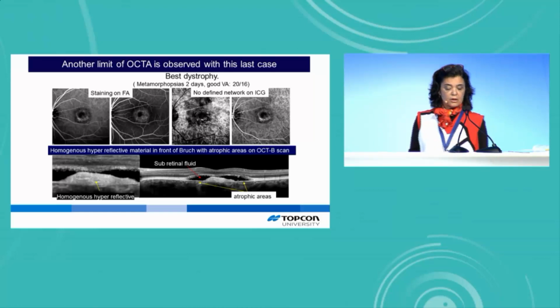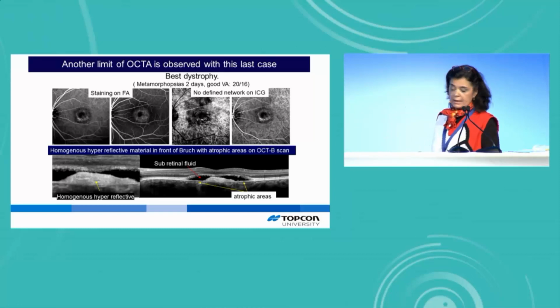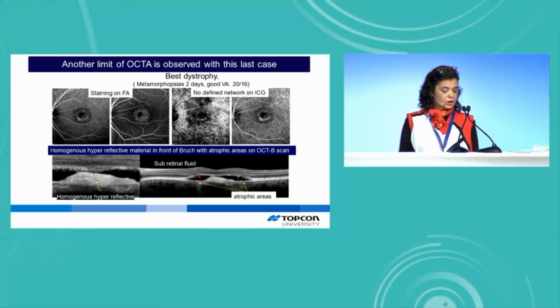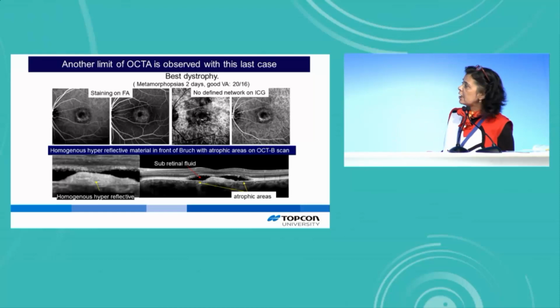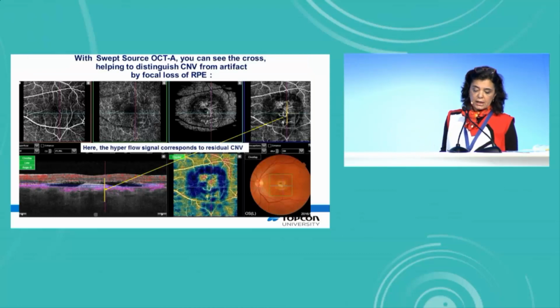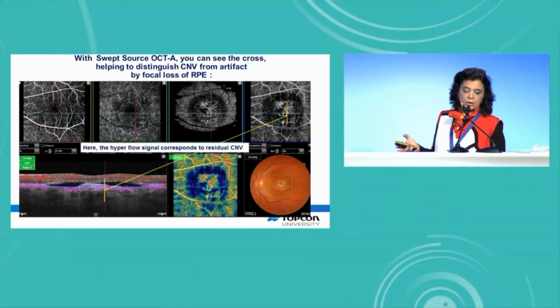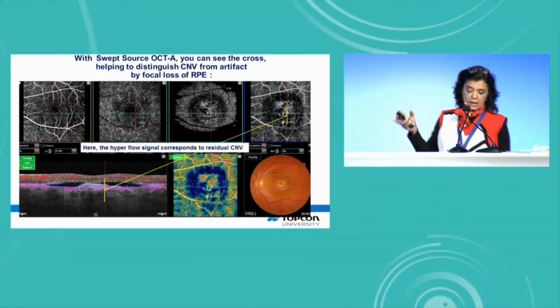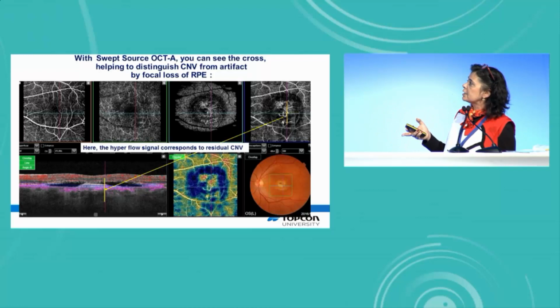We have staining on FA, no defined network on ICG, homogeneous hyperreflective material in front of Bruch's with atrophic areas and subretinal fluid on OCT-B scan. With swept-source OCT-A, you can see the cross-section helping to distinguish CNV from artifact by focal loss of RPE.